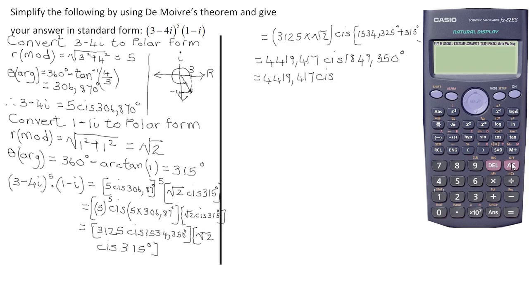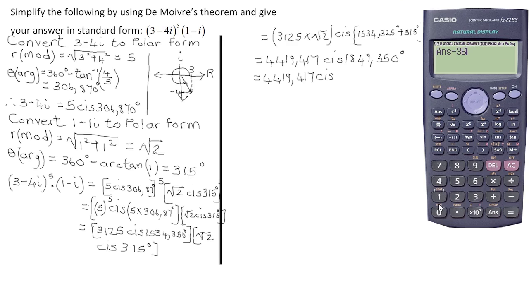Let's go to the calculator. Let's take that value, 1849.350 minus one cycle, which is 360, equals. Minus another cycle, which is 360, equals. See, still outside. Minus another cycle, which is 360, equals. Still outside.